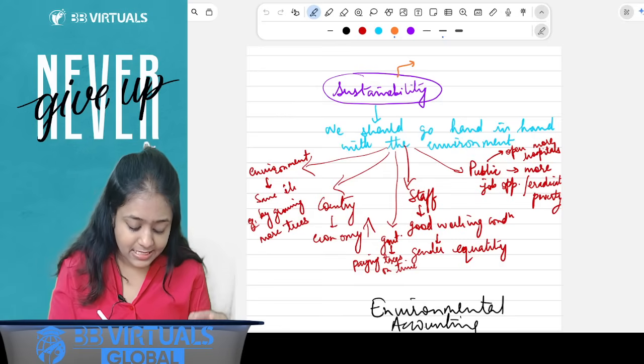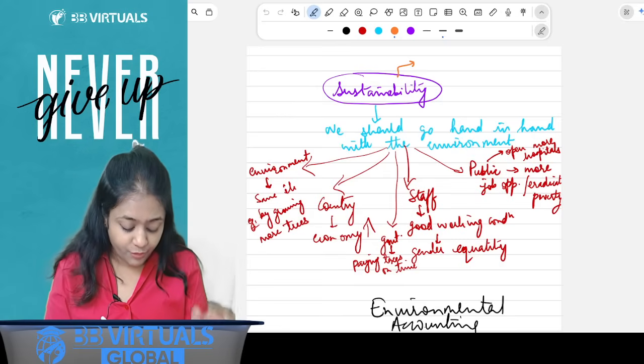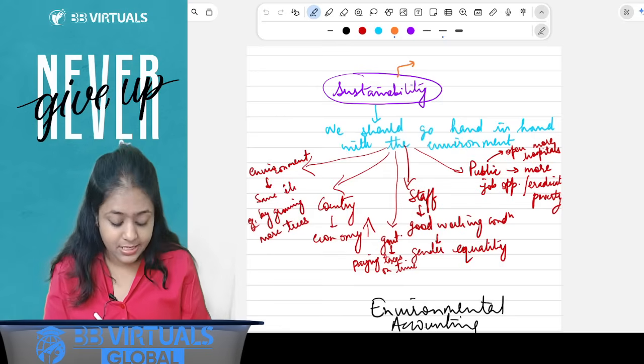So simply it says that from the environment point of view, save it by growing more trees.